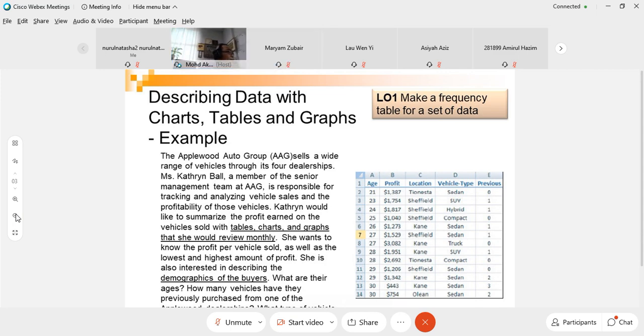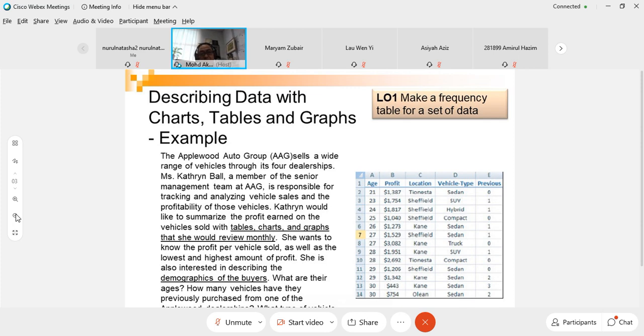Okay. Thank you, Nur Mariam. This one is an example in Excel. So this one is only part of the 180. In the actual data, they have 180 respondents or customers. This slide shows only the portion, only sebahagian saja.